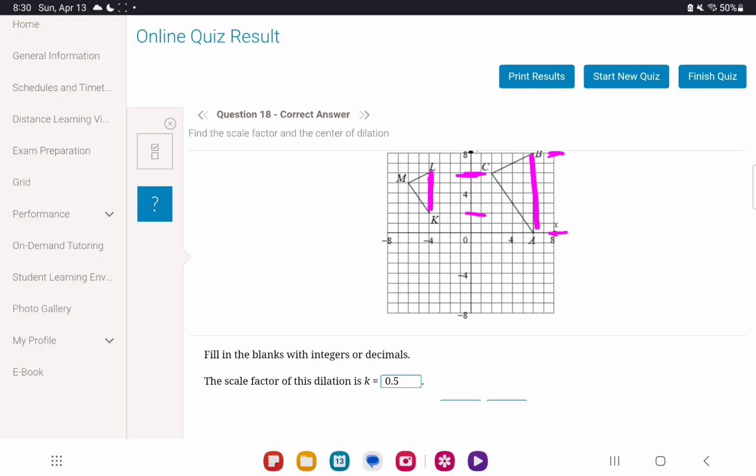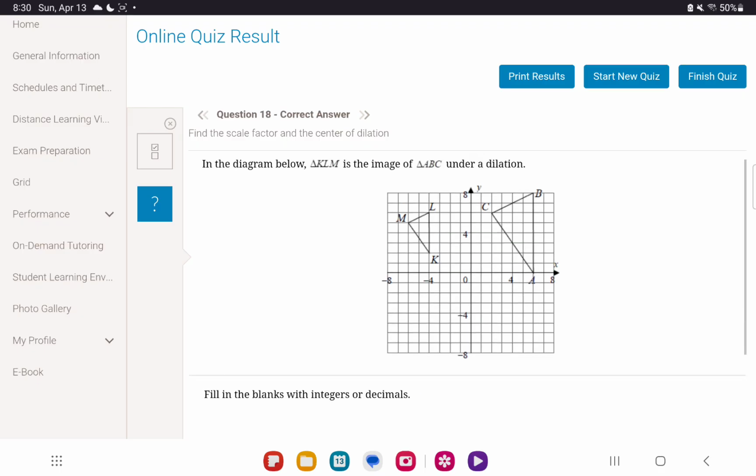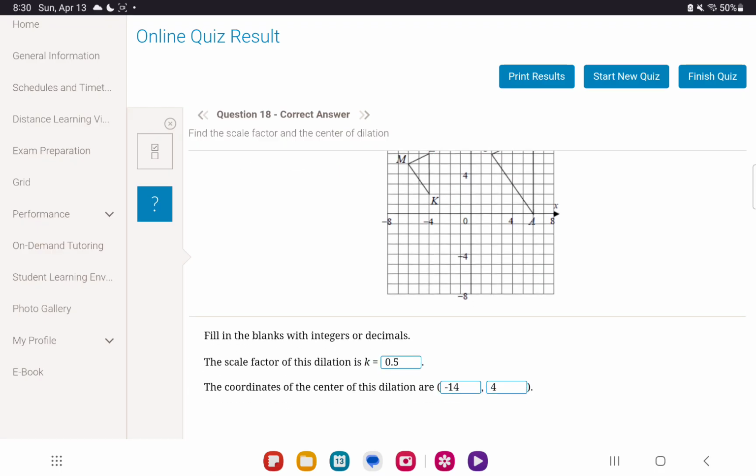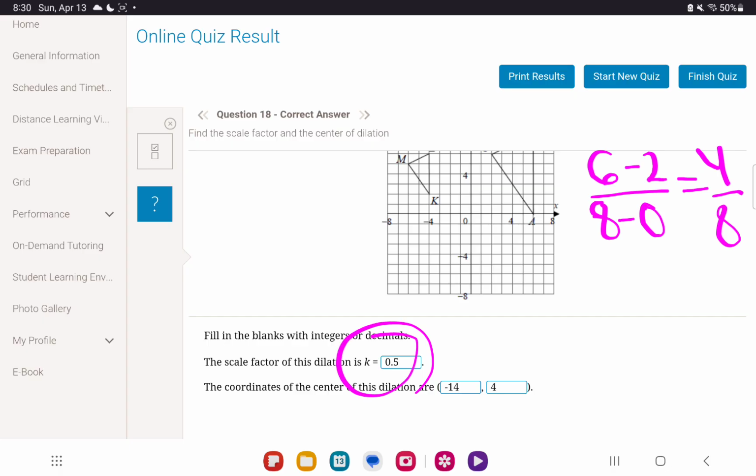So we put the smaller on top of the bigger, okay? Or because I think they told us KLM is the image of ABC. So whenever it's the image of something, that's why we put it on top, okay? So 6 minus 2 over 8 minus 0, and you get 4 over 8, which is 0.5 simplified.